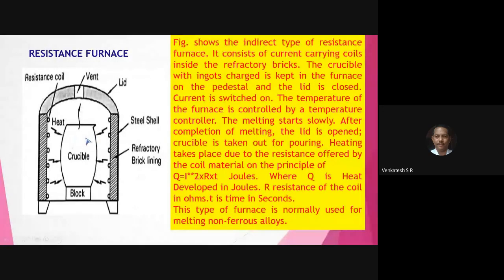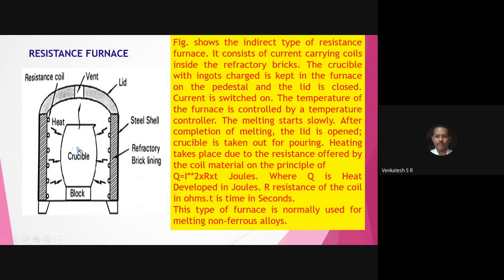The same shape of crucible is made from non-metal, usually carbon. All of you have seen in goldsmith shops, for making gold and silver, they use a small bucket-shaped crucible.